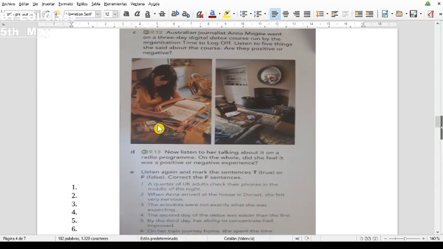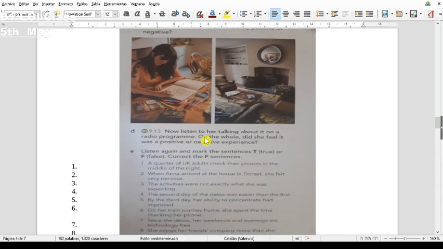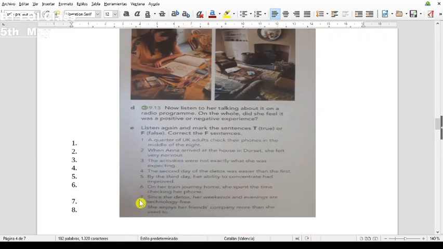The second listening, it's now listen to her, it's herself, talking about it on a radio program. How was this experience? On the whole, did she feel it was a positive or negative experience? Then you have here 8 different sentences, and you have to decide with the listening if they are either true or false.